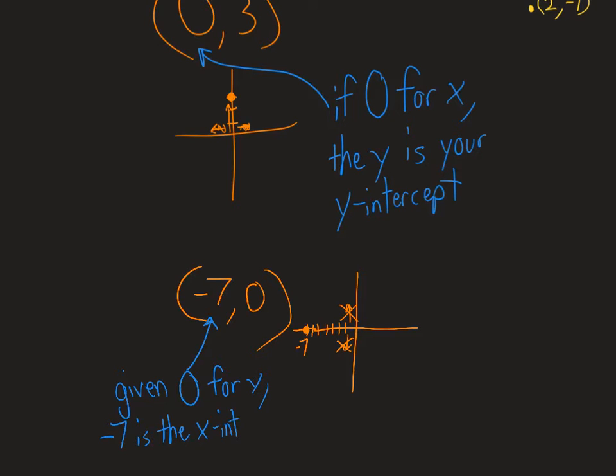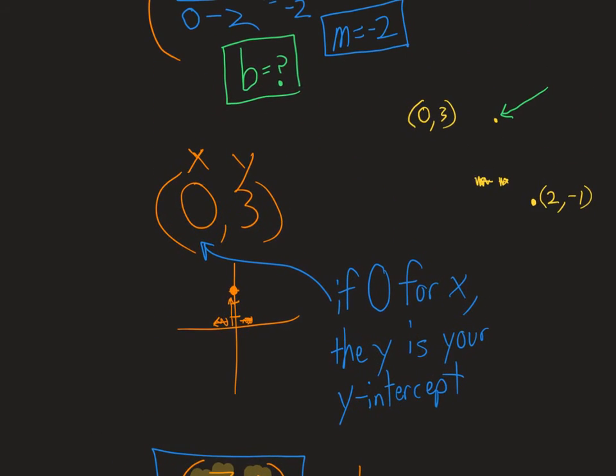So if you know what you're looking for, we can now see in any given point that 0 tells me -7 is the x-intercept of whatever graph I'm dealing with. Given that I had a 0 for my x value, the y value I'm given is the y-intercept. It's staying on the y-axis. It is the intercept for whatever graph or function I'm using.